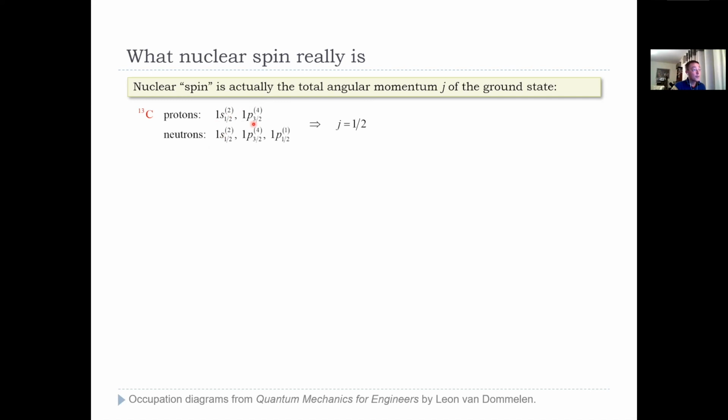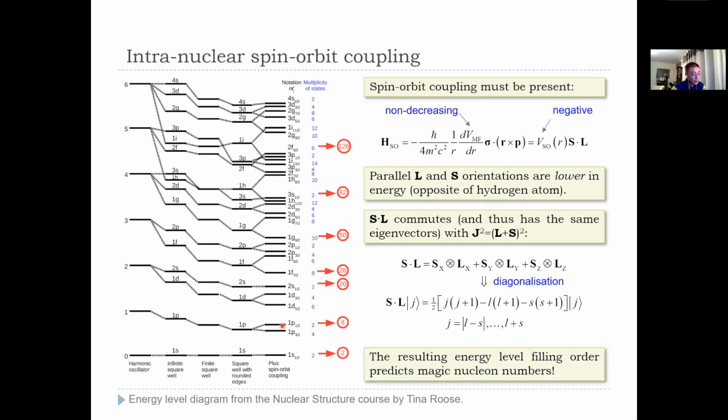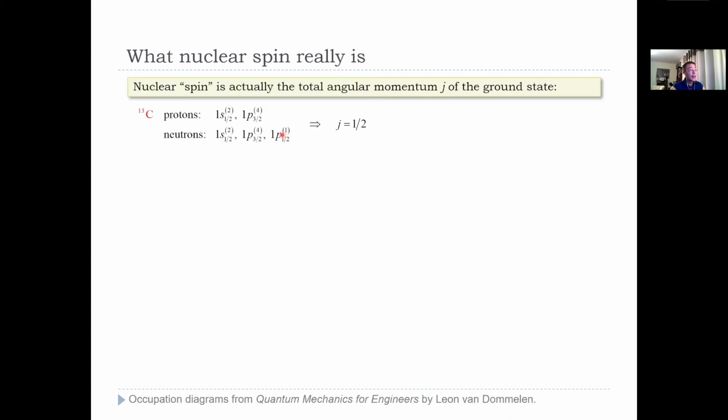Then we've got 4 protons in the p3/2 orbitals, and we've got the 4 neutrons in the p3/2 orbitals as well. But we have 1 unpaired neutron. And this 1 unpaired neutron has to go into the 3rd orbital in this structure, remember 1p1/2, and the total angular momentum there is 1/2, so that is the total between the orbital and the spin. And so we have the total momentum of 1/2, and that is the spin of the nucleus.